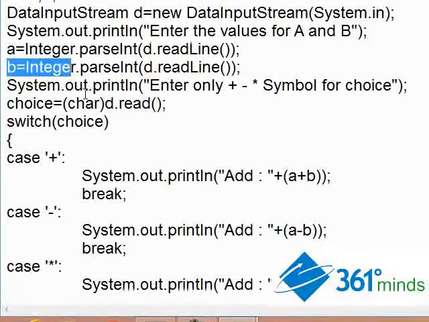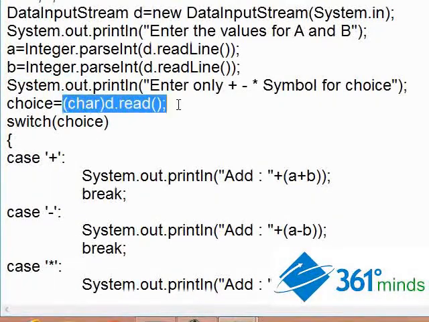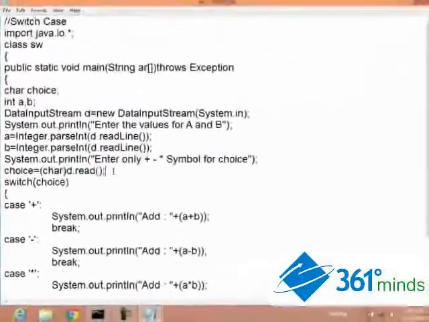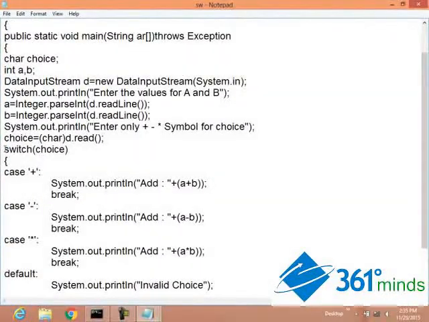Then after getting the input, I simply print a message, enter only plus, minus or the multiplication symbol for choice, and the choice will be read as a character. Now I go into the switch case, and the switch is the choice variable that I have typed over here as a character.